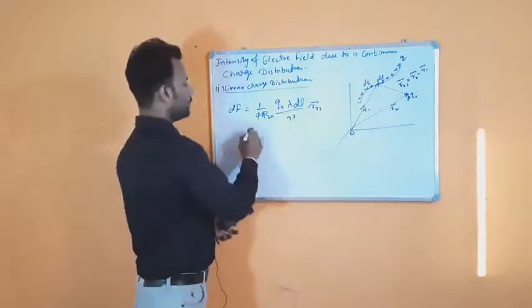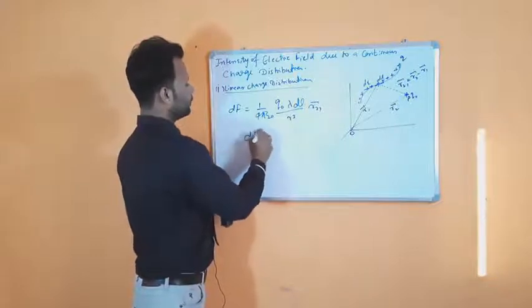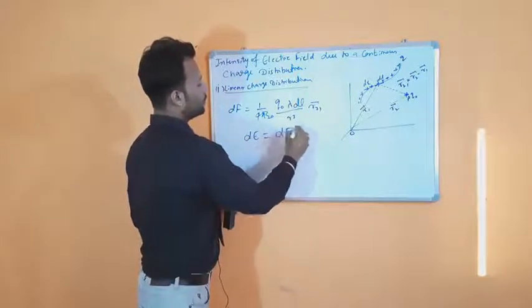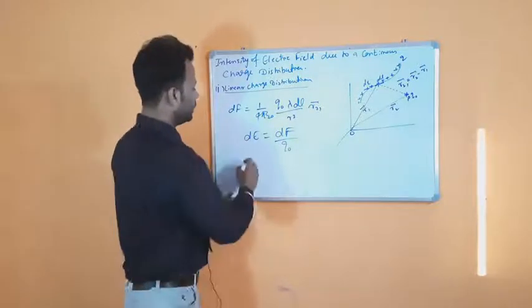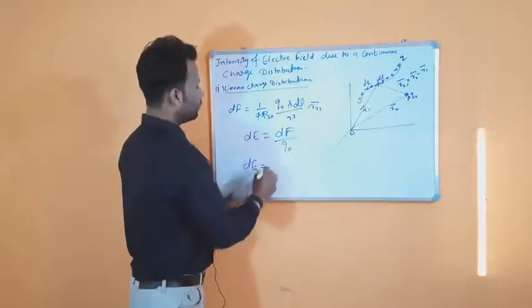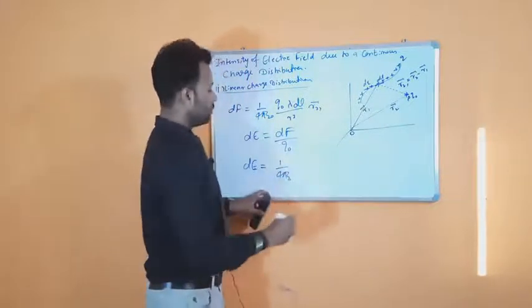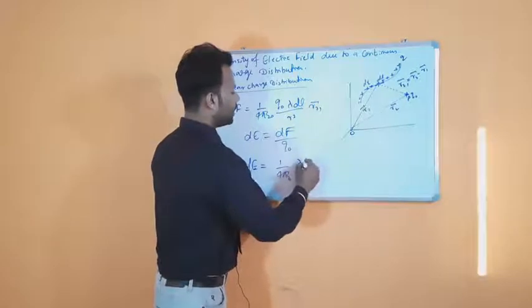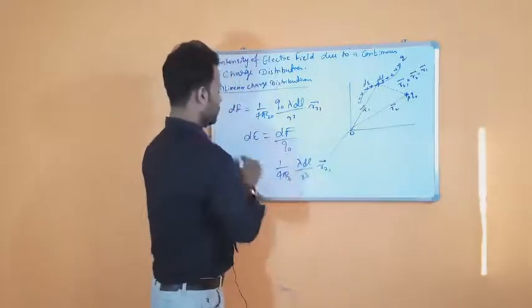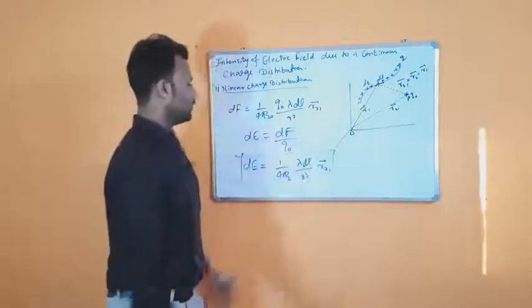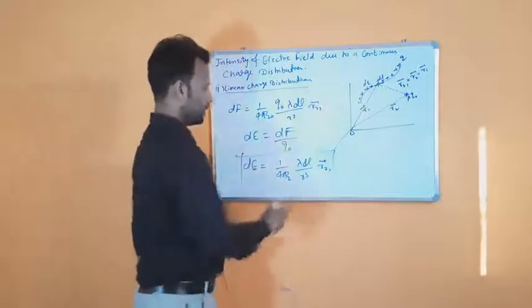Now what is the electrical field E? That will be equal to dF upon q naught. So if you divide by q naught, we get dE equals 1 upon 4 pi epsilon naught, lambda dl upon r cube, r21 position vector. So this will be the electrical field due to this uniform line of charge.